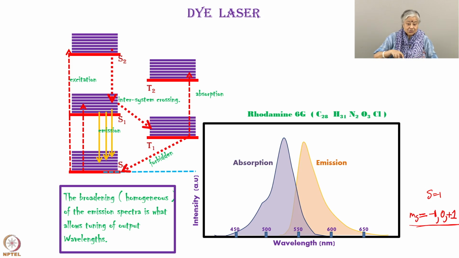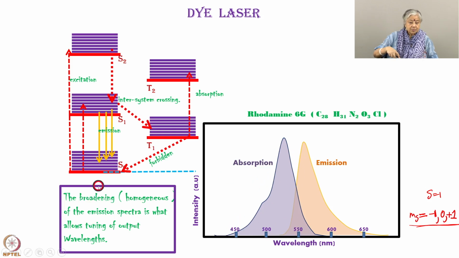So, this homogeneous broadening of the emission spectra is what allows the tuning of the output wavelengths. See, this reddish part is the emission and this part is the absorption. So, the dye absorbs from 450 nanometer to around 500 nanometer, and even at 550 nanometer the whole thing will be absorbed.